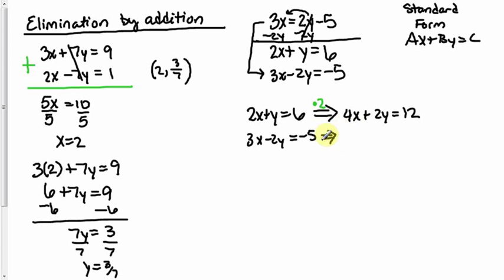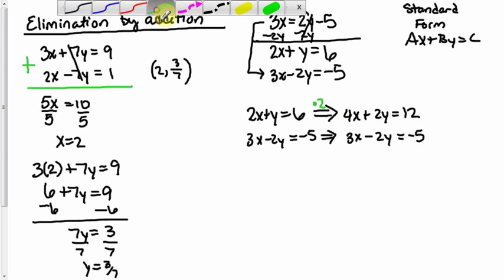I usually just draw these little arrows just to say I'm moving it over, but I don't put an equal sign there because that would be confusing. You already have equal signs. So 3x minus 2y equals negative 5. And now we can draw the big plus sign, can't we?